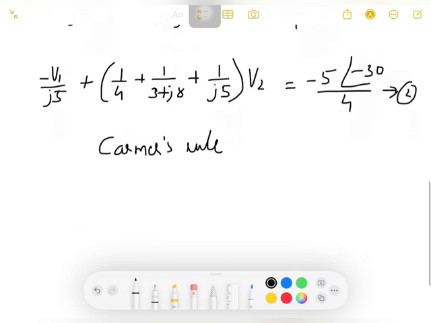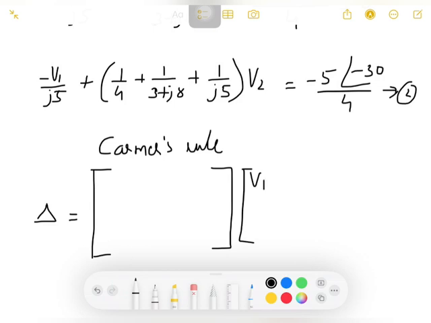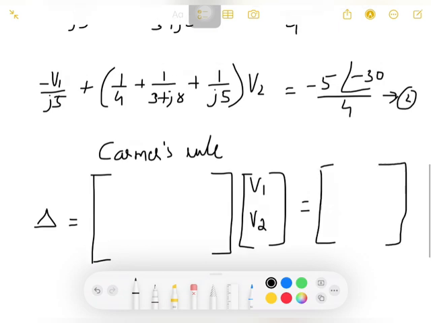So that is where we find the determinant delta first. From equations 1 and 2, we get the equations with respect to V1 and V2 coefficients. Let's write that.